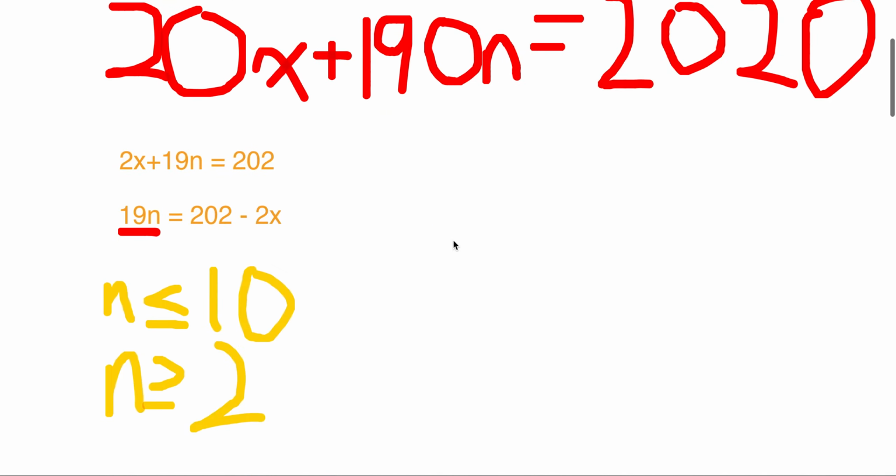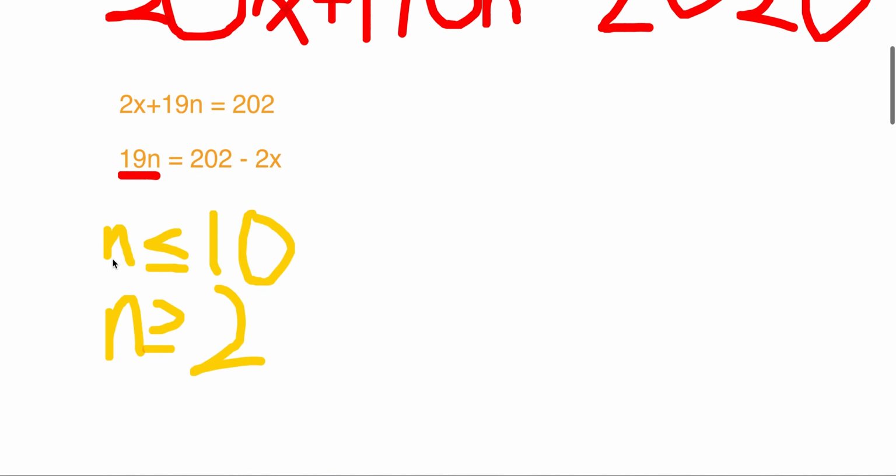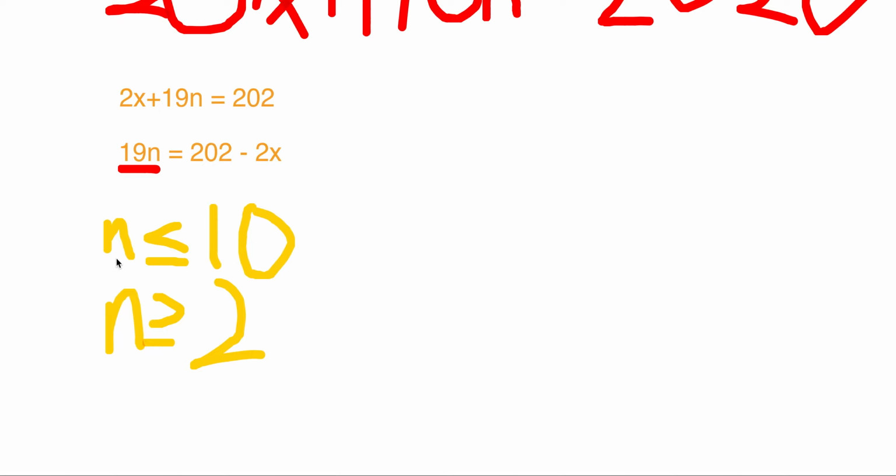Now, since we know this, our question is how many such progressions are there? All we really need to do is count the number of possibilities n has, because there is only one progression for each value of n. So n could be 2, 4, 6, 8, or 10.